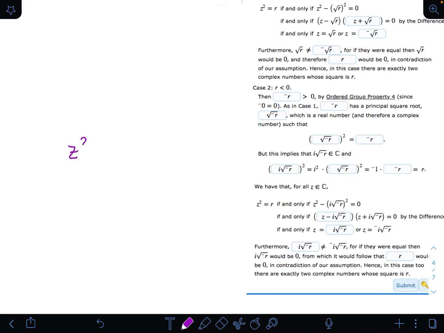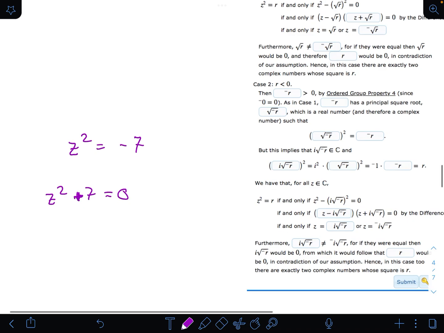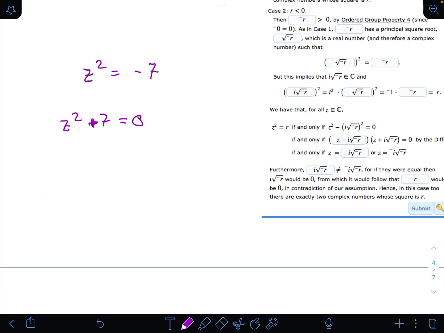which is to say, if I had some complex number equivalent to some negative number, like -7, just to be easy here, what's z? Well, we could solve this by adding 7 to both sides, and I've got z squared plus 7 equals 0. Now, of course, there's no real solution for this. However, there is an imaginary one, because I can use what I know about sum and difference.